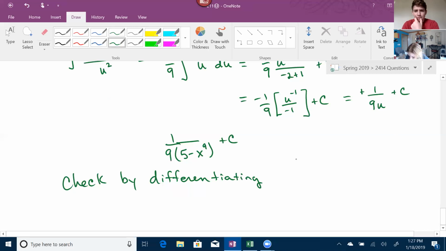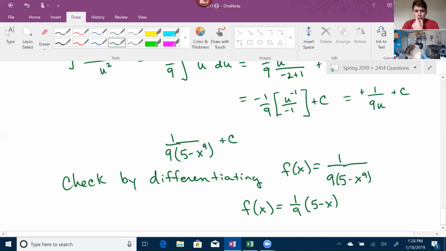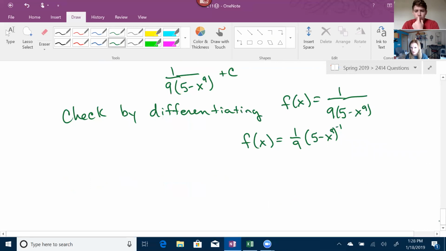If your function is f of x equals 1 over 9 times 5 minus x to the 9th, the way you would want to differentiate that is to first rewrite it as f of x equals 1/9 times (5 minus x to the 9th) to the negative 1 power. I haven't done any differentiation yet. Now I'm going to use the chain rule, and I'm going to think of that 5 minus x to the 9th as kind of my u, just a thing.